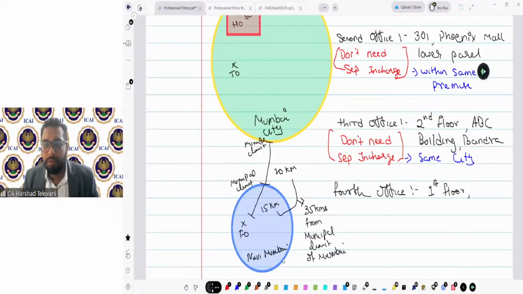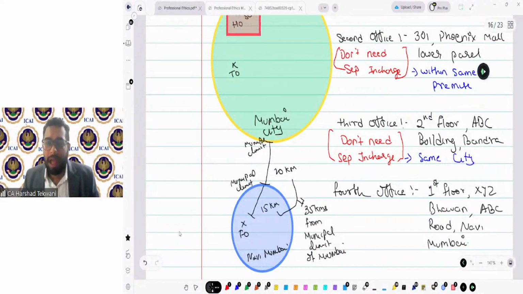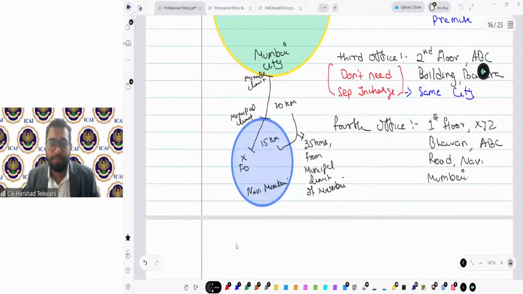Let's say, hypothetical example, first floor, XYZ Bhavan, ABC Road, Navi Mumbai. Let's say this is the one. I opened this fourth office. Now, if this fourth office is within the 50 kilometers range, I'm not required to have a separate in charge, because this is within 50 kilometers from the municipal limit of the city in which the first office is located.